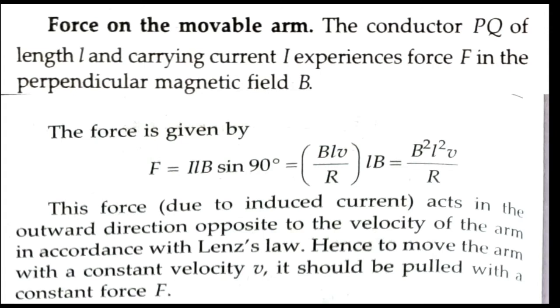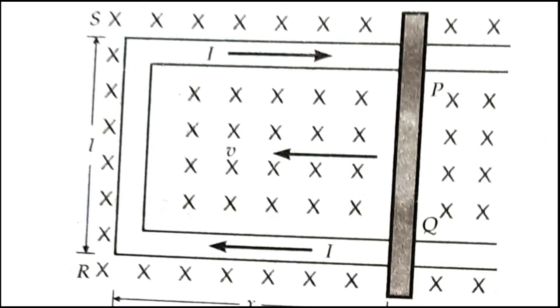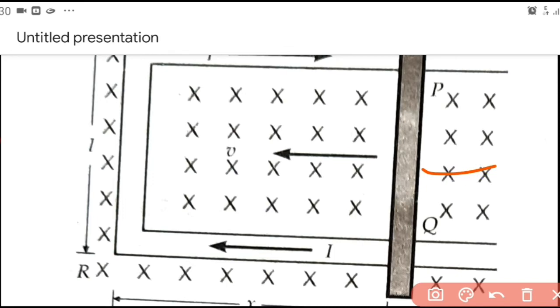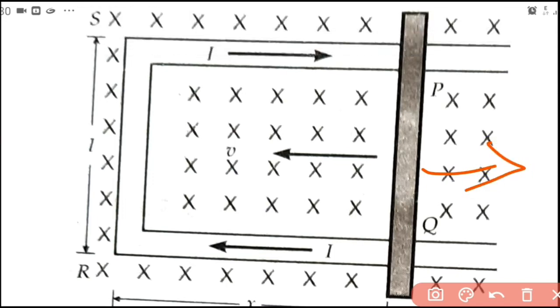We substitute for I, L and B; I we already got as BLV by R. So substituting, the force experienced by the conductor PQ is B square L square V by R. The direction of that force is away from PQ, in this particular direction, and we get this direction using Fleming's left hand rule.